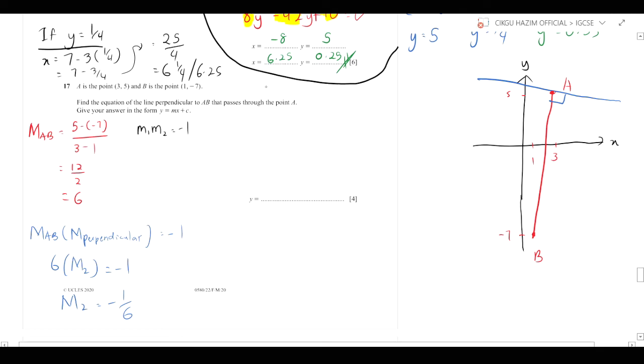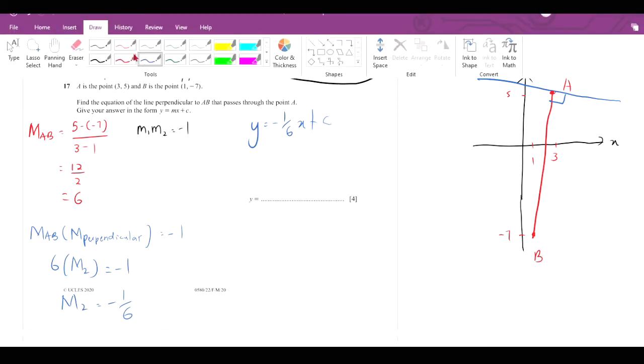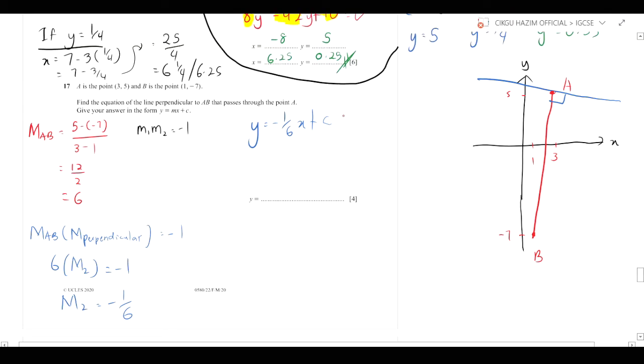So I put it over here as y equal to -1 over 6x plus c. They want to put the answer in this form. So straight away substitute any point that touches the line.